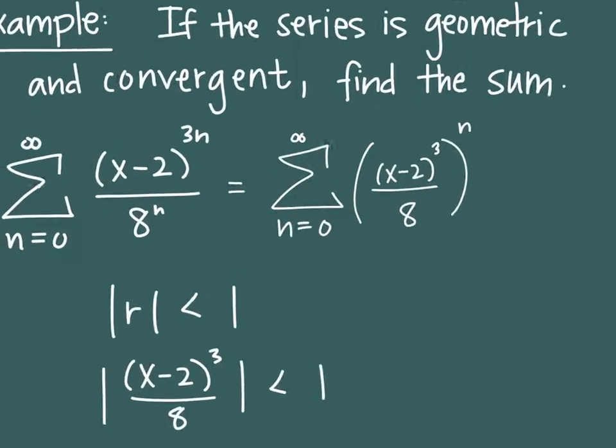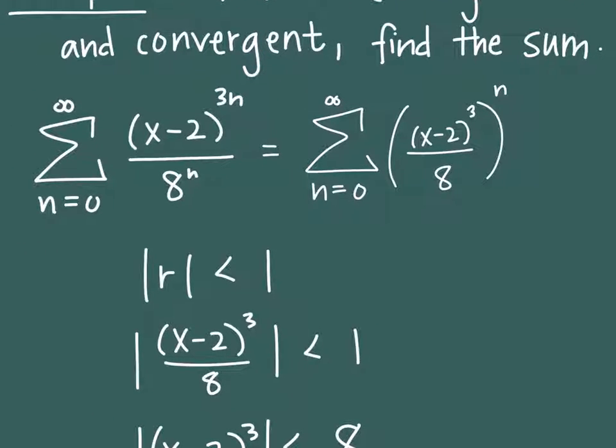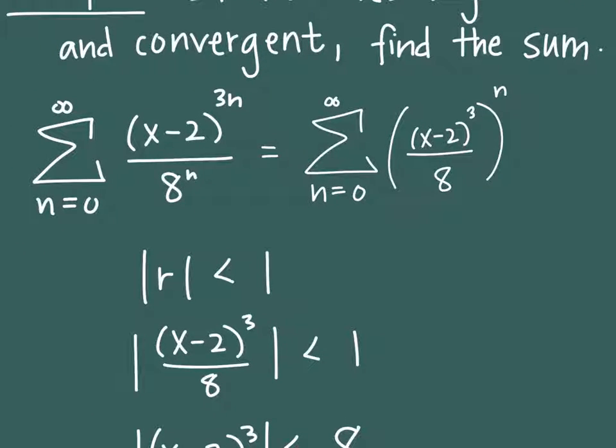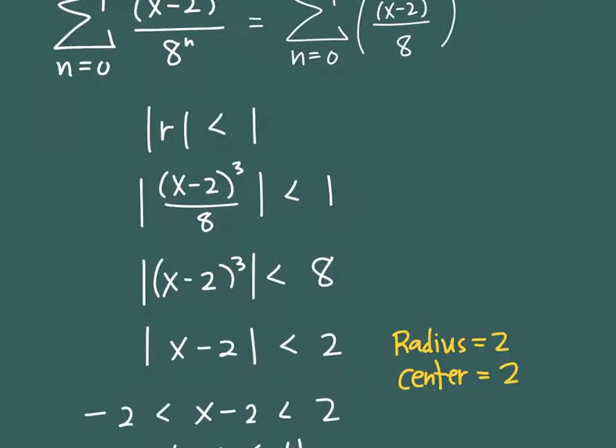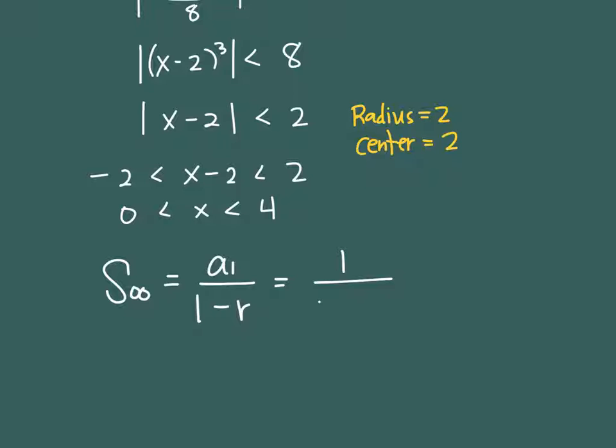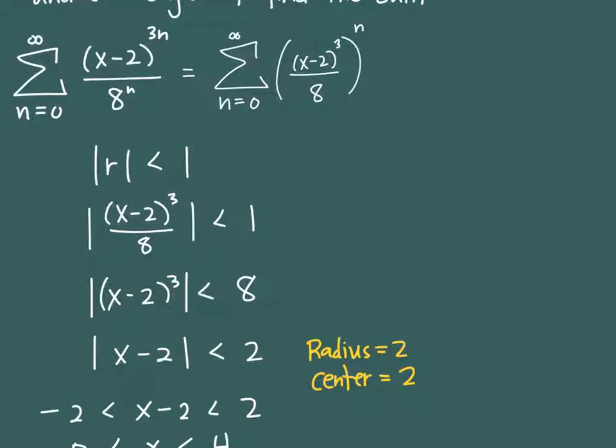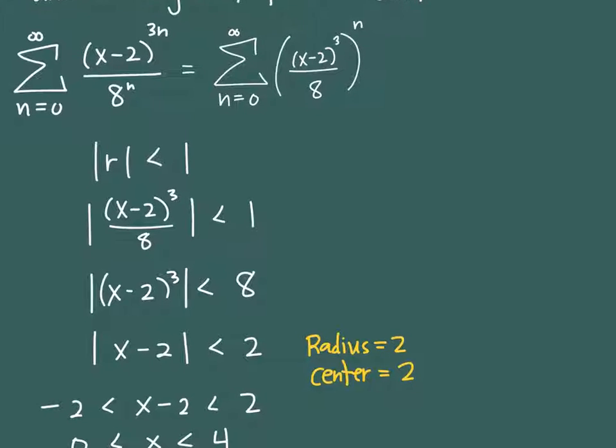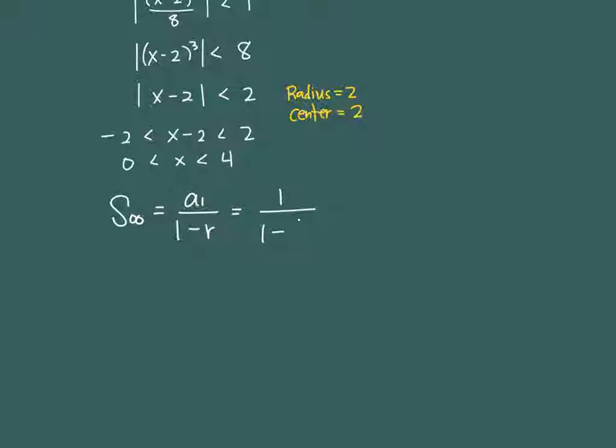Well, look back at the original problem. Plugging in 0 will give us the first term. And if I plug in 0, what will I get? 1. Okay, so that's my top. And then 1 minus, and little r is what I had determined the multiplier to be. So that would be minus (x minus 2) cubed over 8.